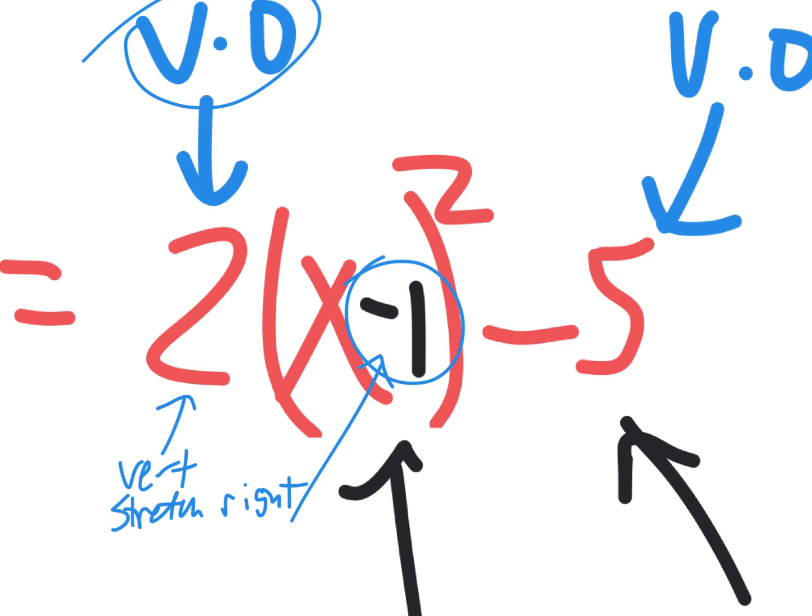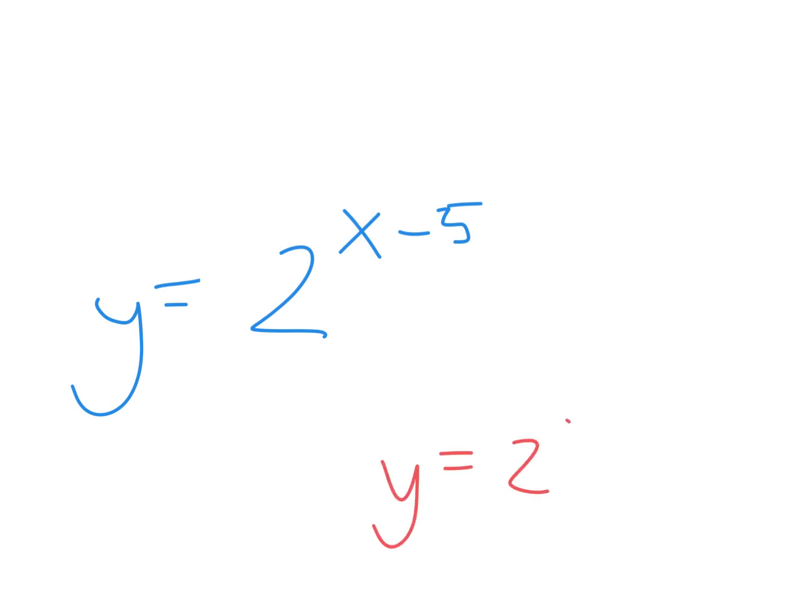Yes? So what if one of the exponents was like x plus 5? All right. So if I just had 2x minus 5 or whatever, okay? So one of the exponents. Here's my parent function. It would be like this, 2 to the x. That's just the parent function. So the only difference is right there. So you have to ask yourself, is that on the inside or not? And here's how I decide. Inside is by the x.